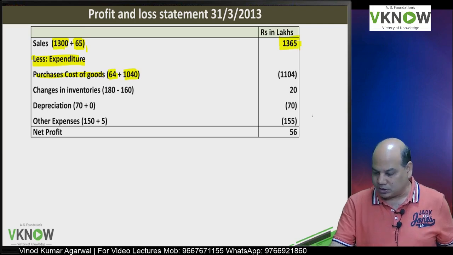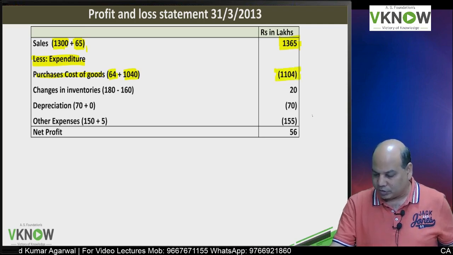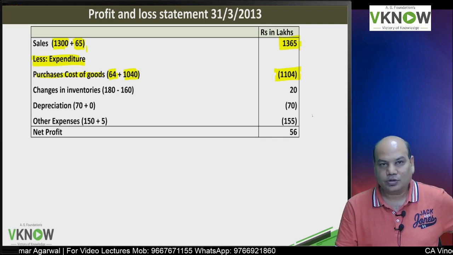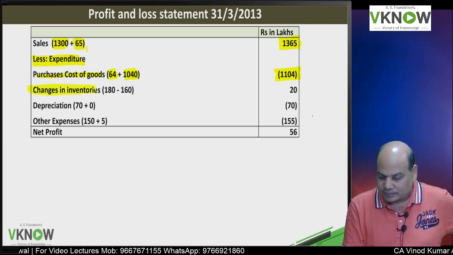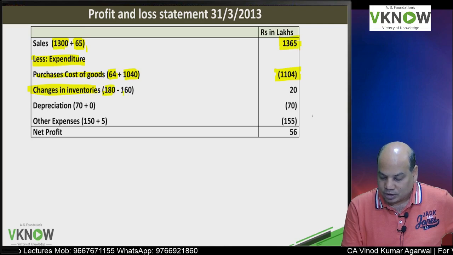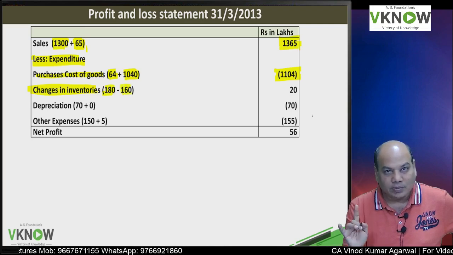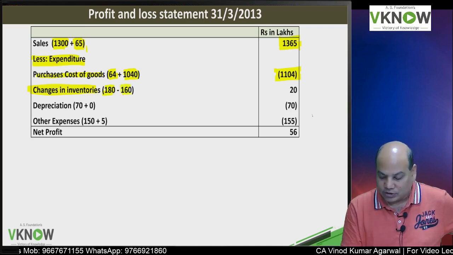So total purchase, in bracket, 1104. Then change in inventory. Our closing stock is 180 and opening stock is given in the trial balance, first line debit side, 160.